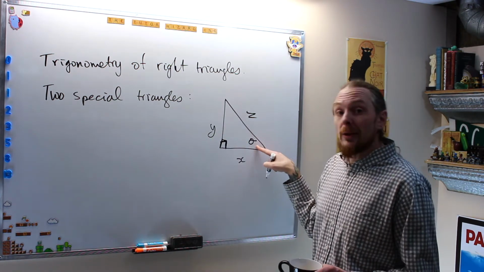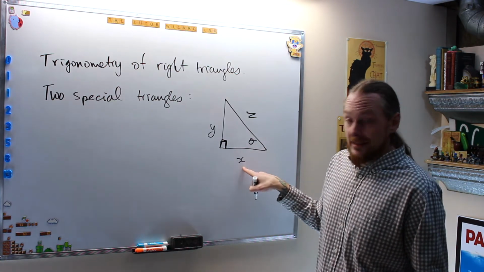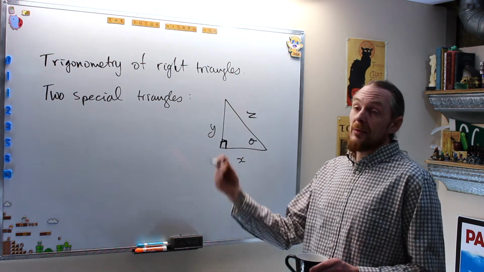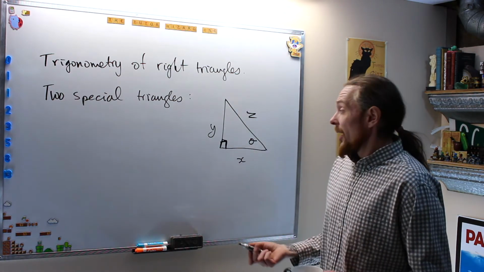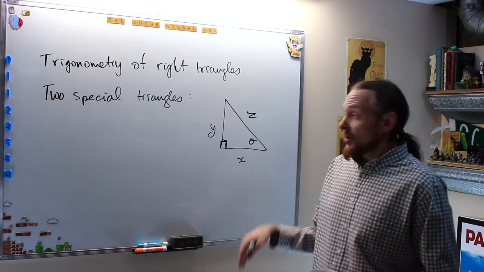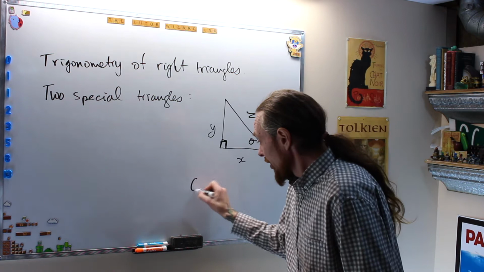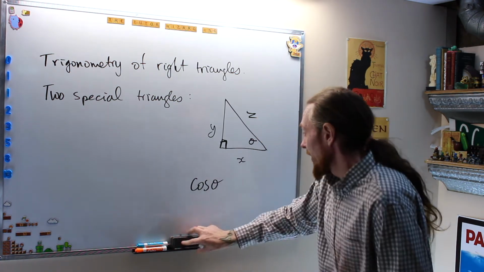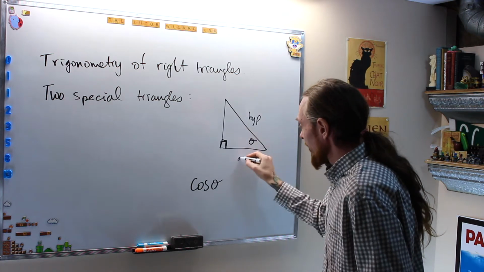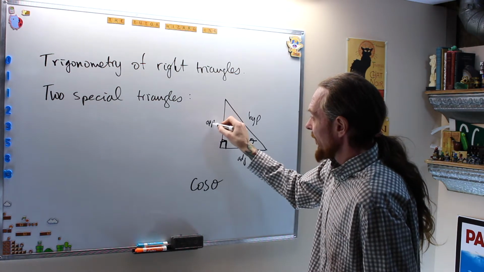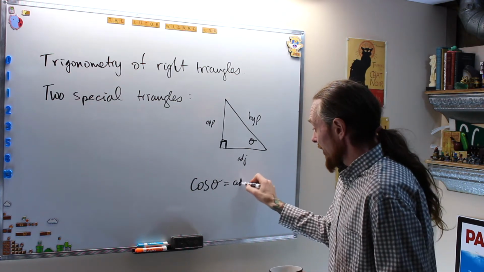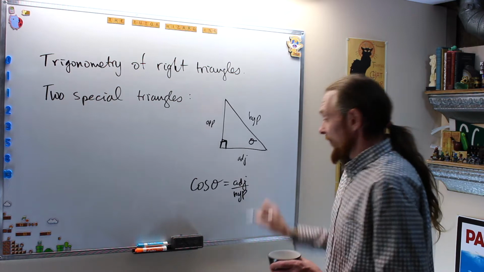Once we fix one of the acute angles, this one is called the adjacent side to the angle, and this is the opposite side to the angle, and then we have SOHCAHTOA, or whatever you want to use to express these things. But basically what we're going to use is a bunch of trigonometric ratios. If we relabel these as hypotenuse and adjacent and opposite, cosine of theta is defined as adjacent over hypotenuse.